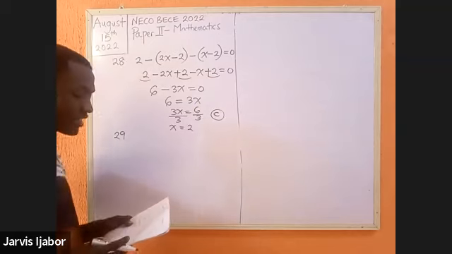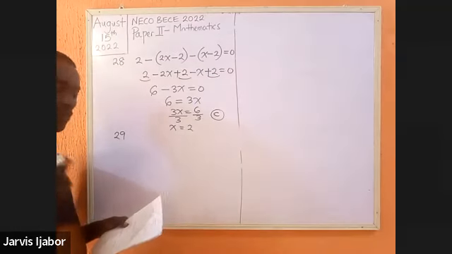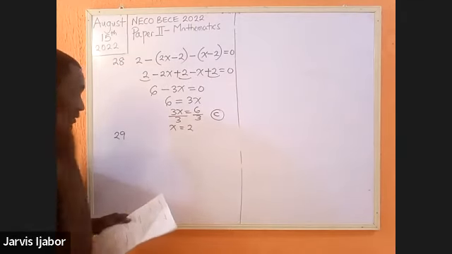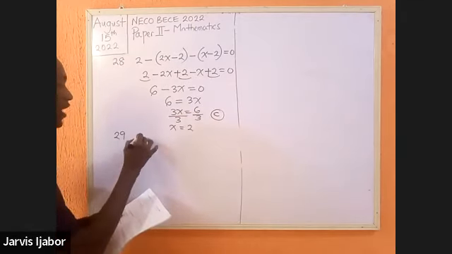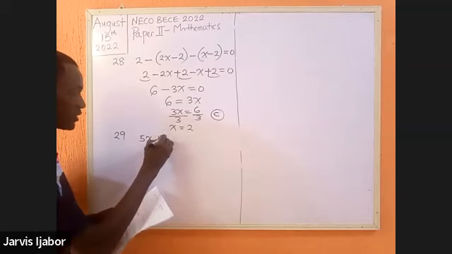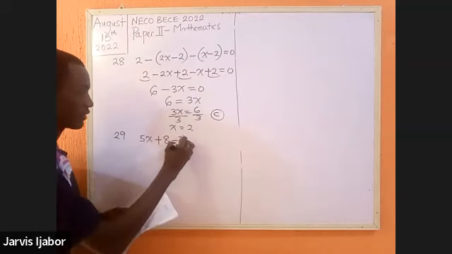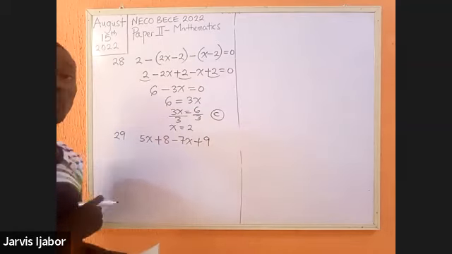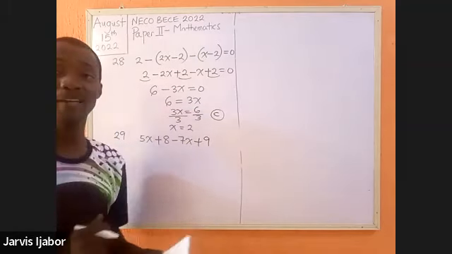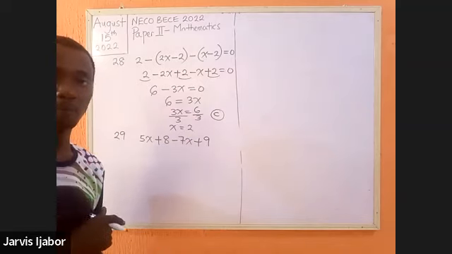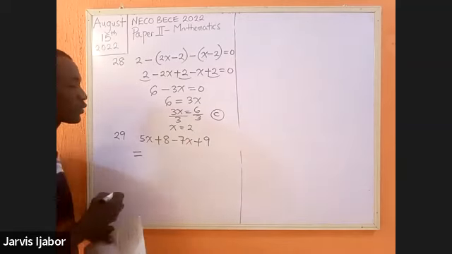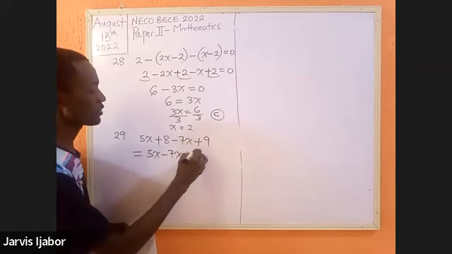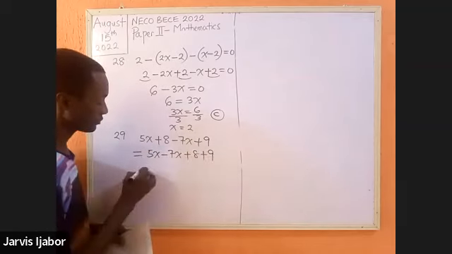So we go to 29. It says, find the sum of the coefficients of x. The expression is 5x plus 8 minus 7x plus 9. This is the question where technically we expect you to collect like terms. So this will be 5x minus 7x plus 8 plus 9.